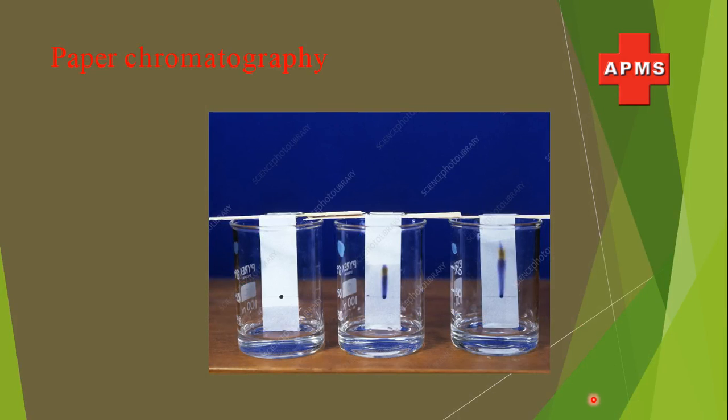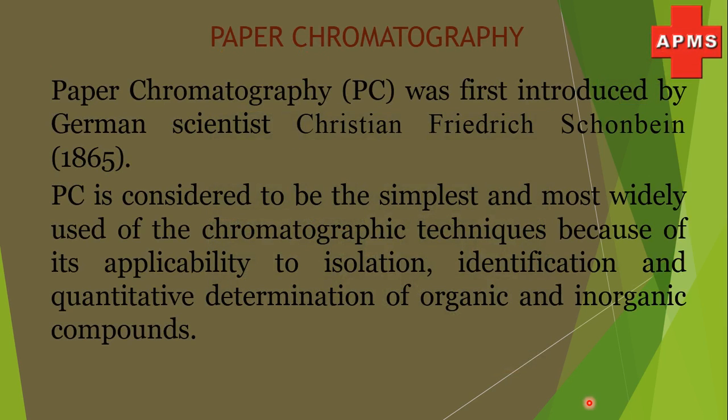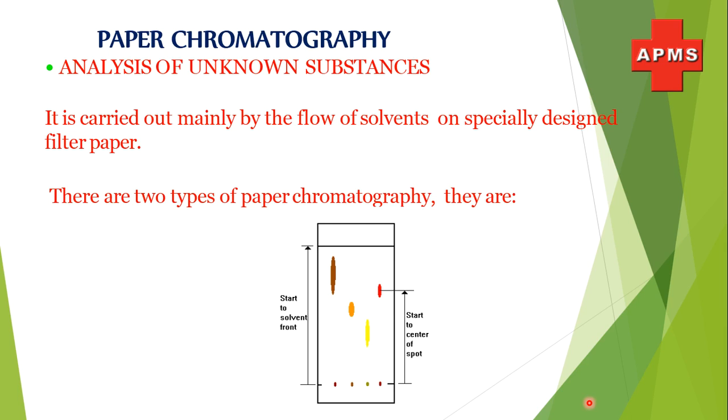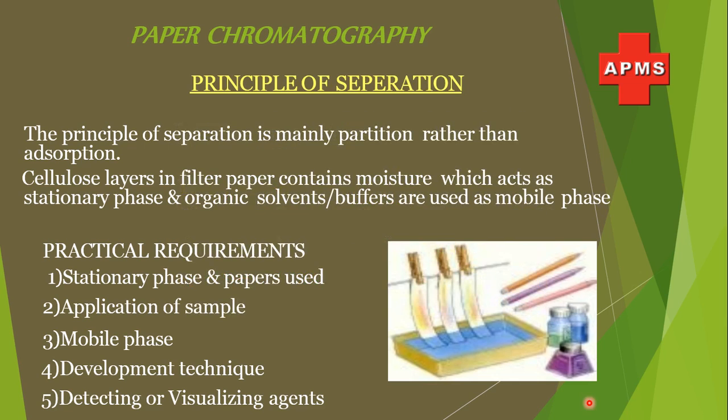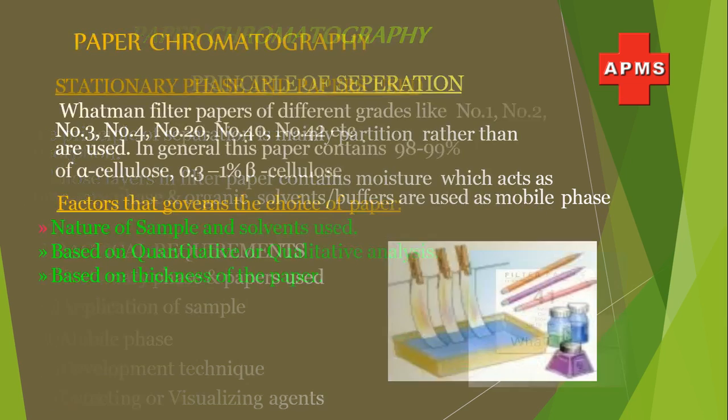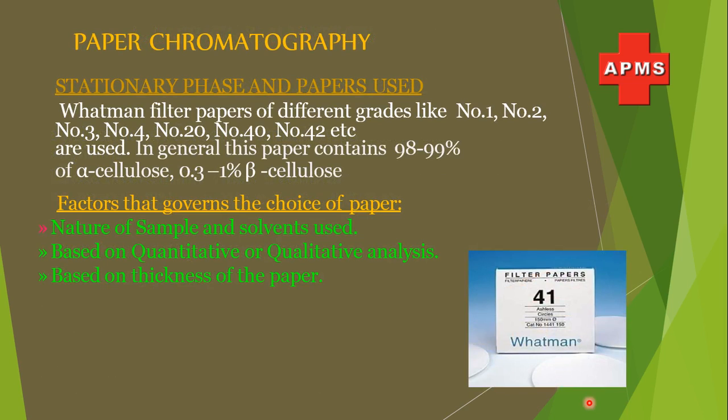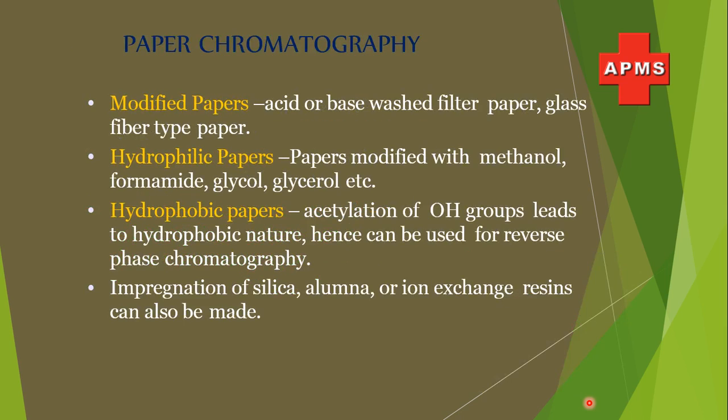So, we have seen some things about paper chromatography, its basic introduction, its technique or working principle, two types of paper chromatography, that are paper adsorption chromatography and paper partition chromatography, the principle of separation, stationary phase and papers used in this experiment, which type of papers we can use depending on our sample.